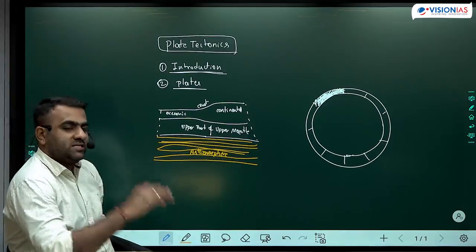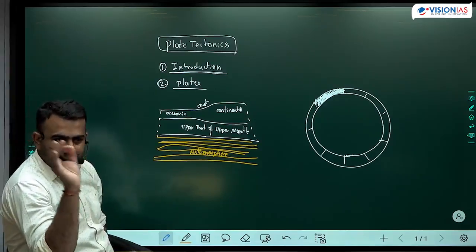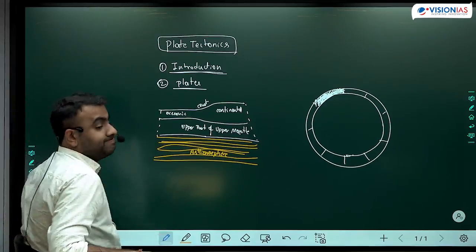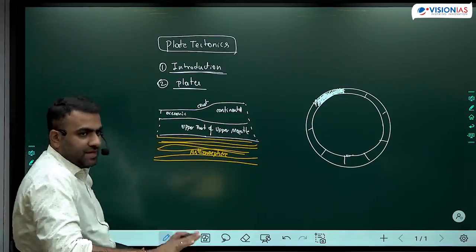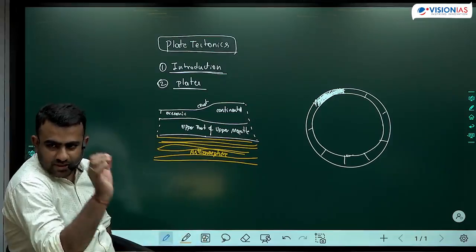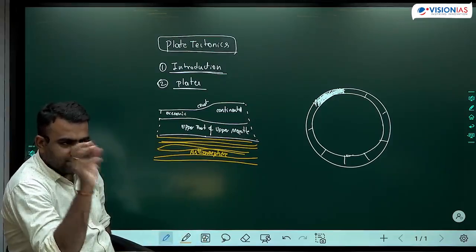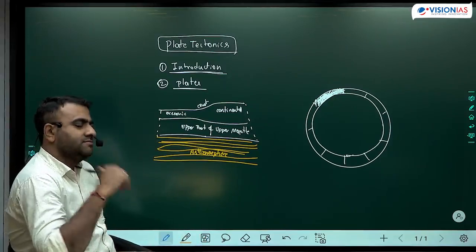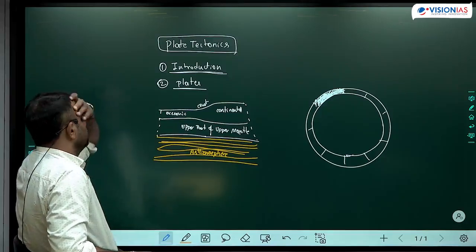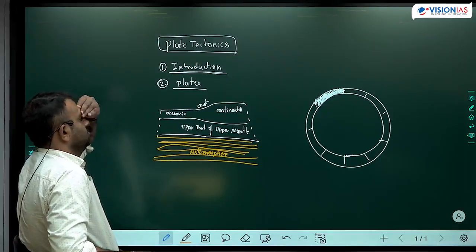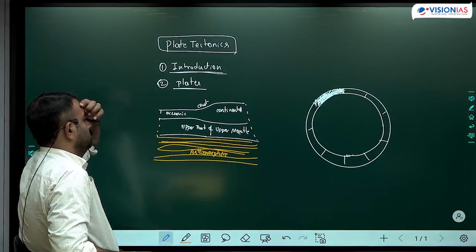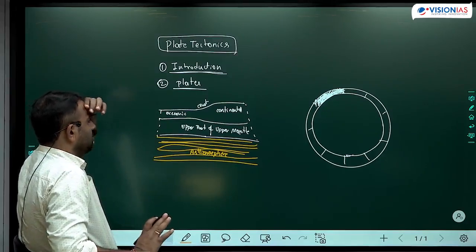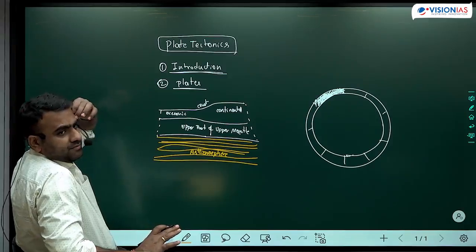Plate tectonics is the study of all the different types of deformities and landforms created by the movement of plates. So that is the basic idea, okay?